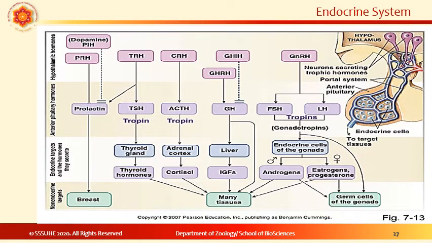This picture is the summary of the endocrine system. Here you can see the hypothalamic hormones listed from left to right.